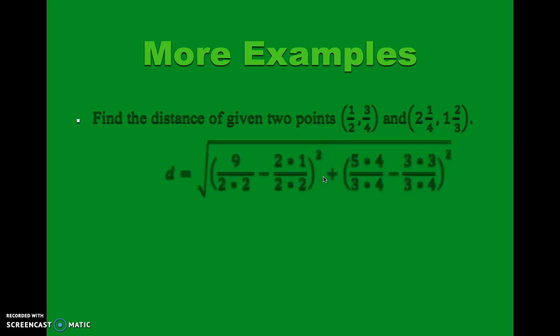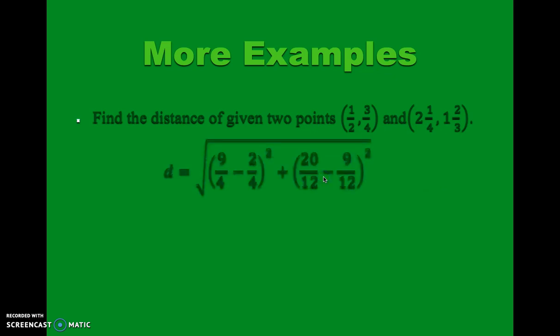This simplifies to the square root of (9/4 minus 2/4) squared plus (20 over 12 minus 9 over 12) squared.